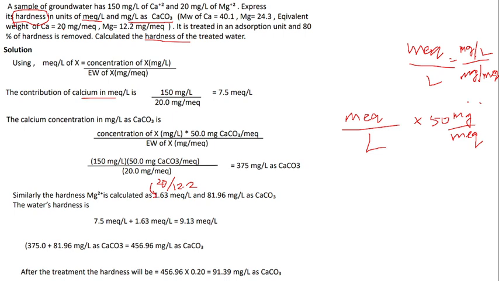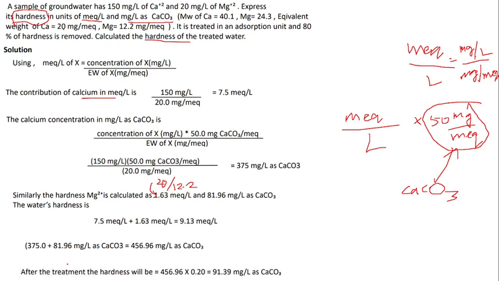This 50 mg per milli equivalent corresponds to calcium carbonate. They are asking you to express the hardness in terms of calcium carbonate, so you multiply with 50 mg per milli equivalent. Milli equivalent will get cancelled, so this is the mg of calcium carbonate per liter.